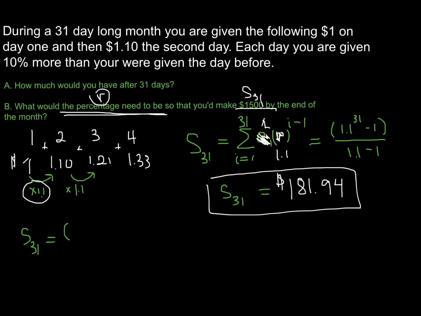You take the r value, raise it to the 31st power, subtract 1, and divide by r minus 1. And you want this to be equivalent to 1,500.